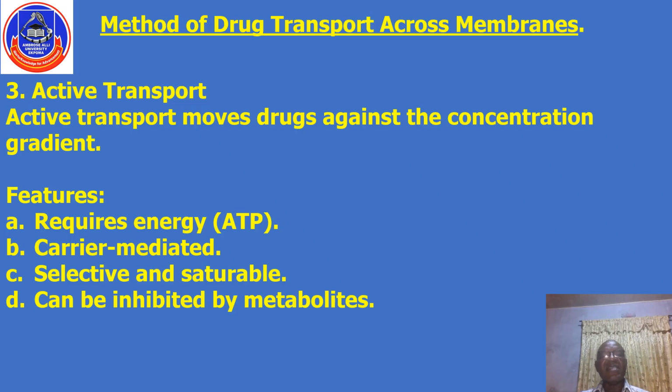But in this case, the active transport moves drug against the concentration gradient. It requires energy in the form of ATP to drive that movement. Carrier protein is required. It is selective and saturable and can be inhibited by metabolites.